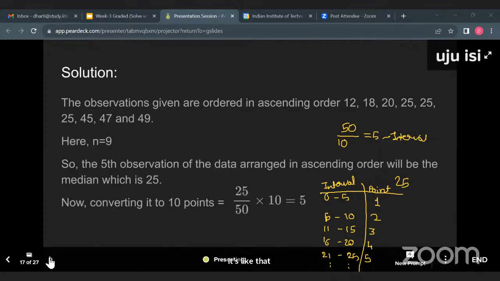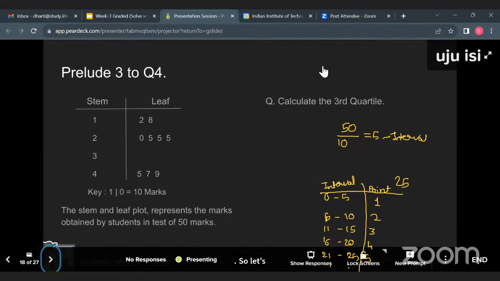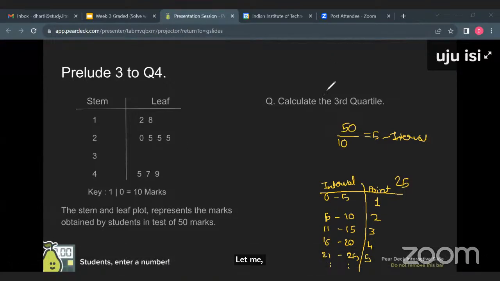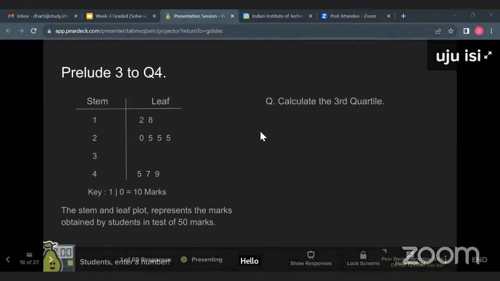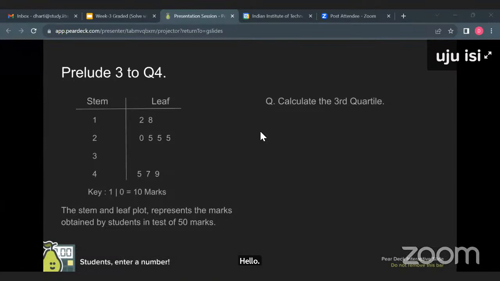So let's move to the next question. Ma'am, here in the interval 0 to 5, we gave 0.1. Yes. But the data that was given, 12, 18, 25, was not falling in the range. Yes, but we have to divide the whole scale of 50.